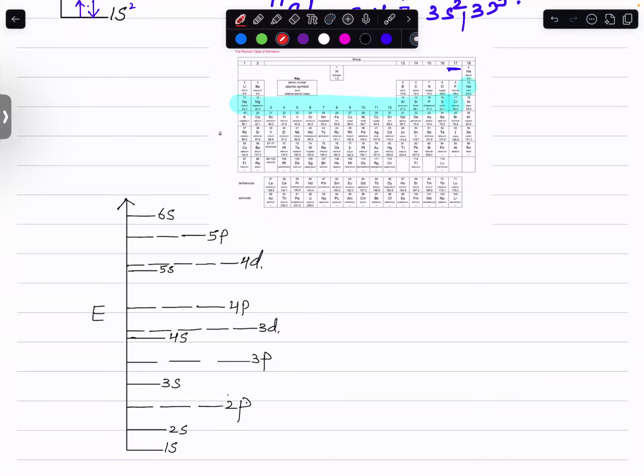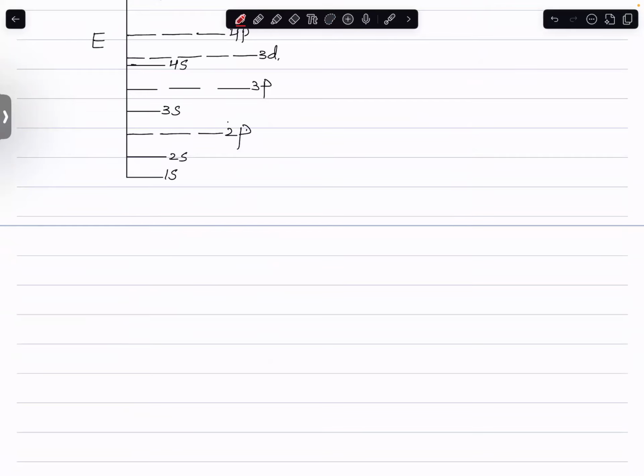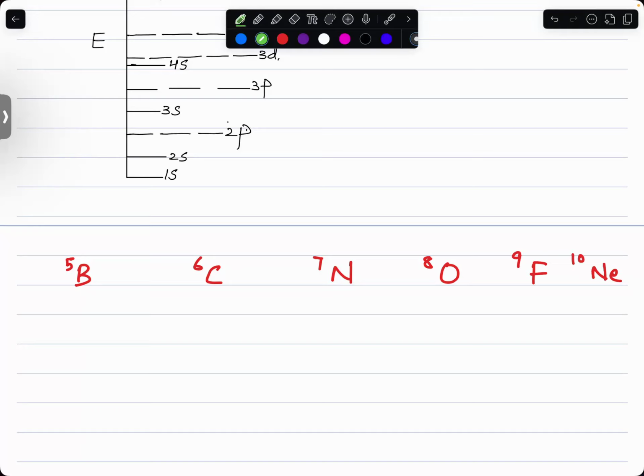No, not argon, I don't like argon. Sodium. We did it for sodium, I think. Can we do it for boron, carbon, nitrogen, oxygen? Yes. Boron, 5. Carbon, 6. Nitrogen 7, oxygen 8, 9, and neon 10. How to do it? Wait a minute. I think just this is sufficient.